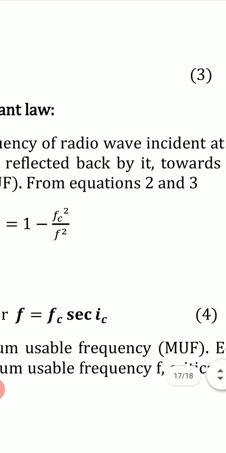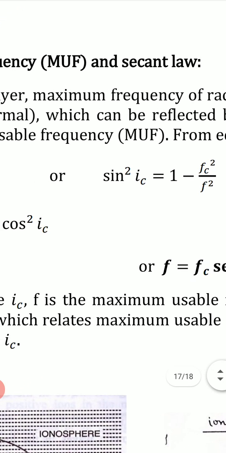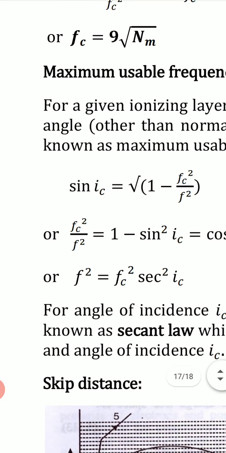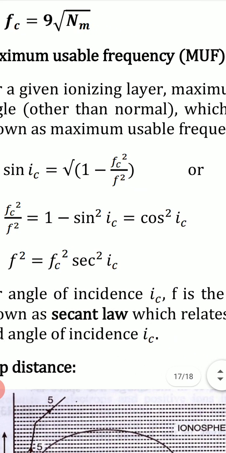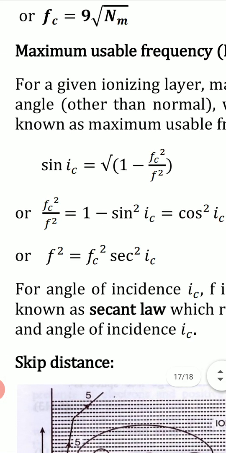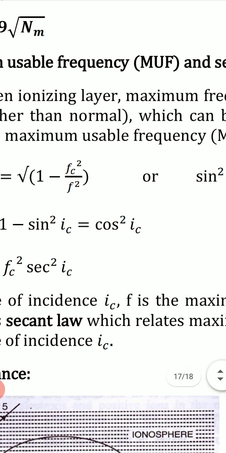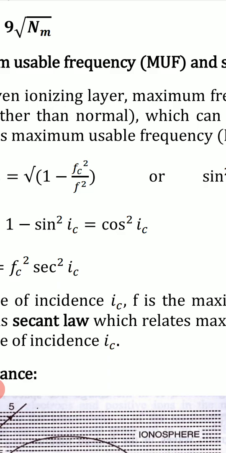So this is MUF, maximum value of frequency which can be reflected back to Earth's surface by ionized layer for incidence other than normal. For angle of incidence I, which is not equal to 0.